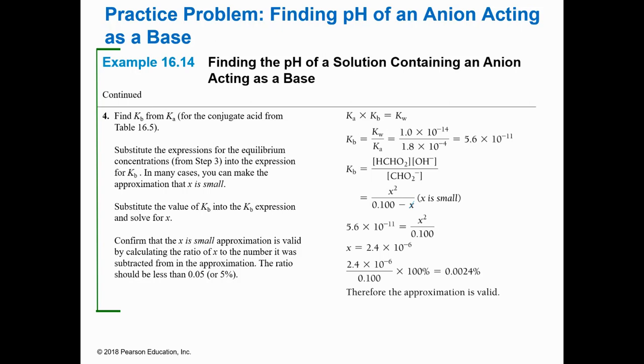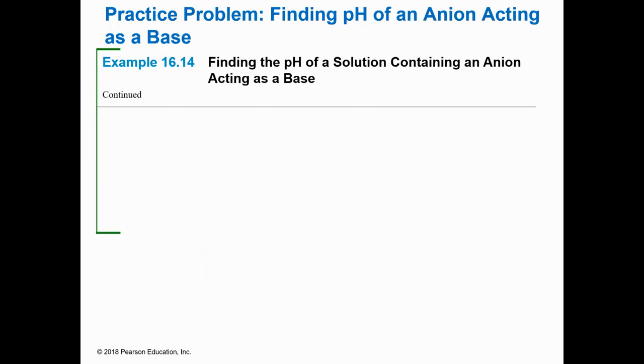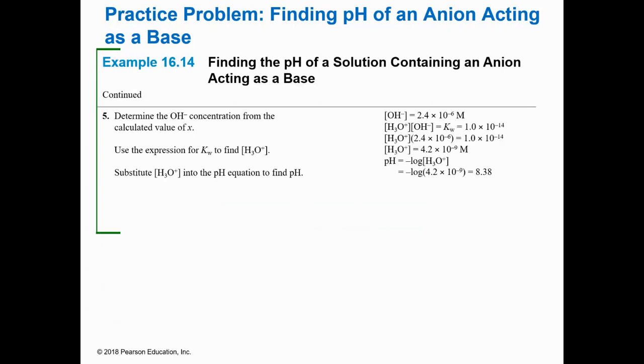And really, this is needed if you're not given a Kb on the table. Okay, and remember we said it was basic because it is a weak acid and a strong base, so this salt should be a basic salt.